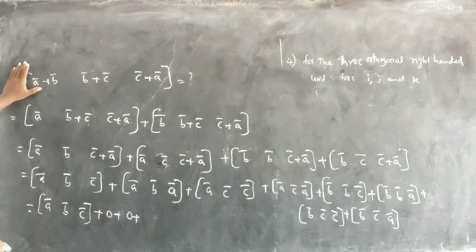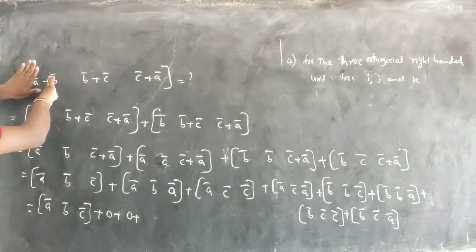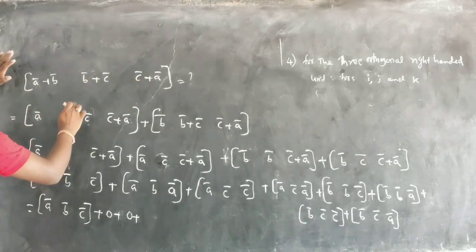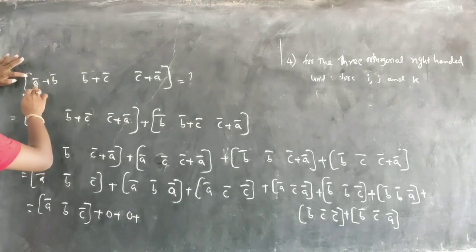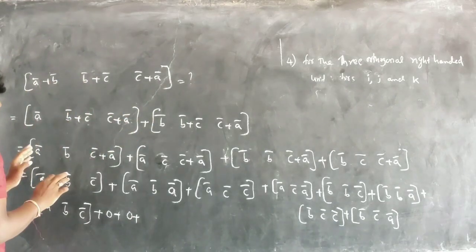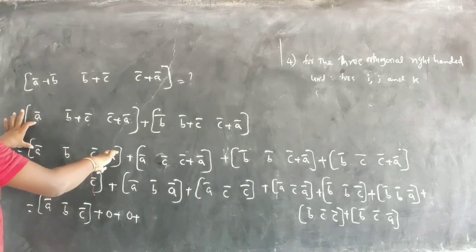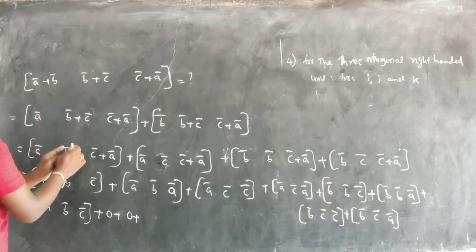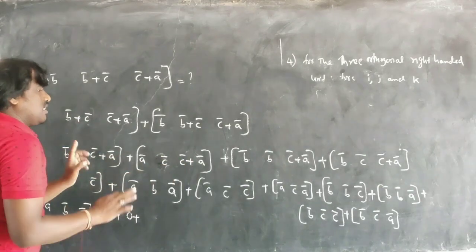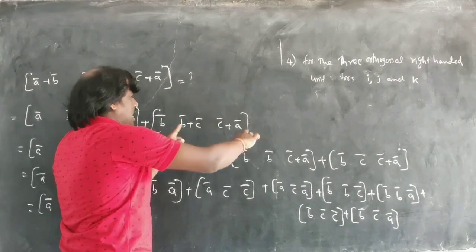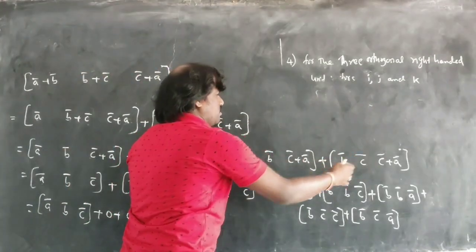What I did here: the first one I broke, meaning I separated this one. The middle ones are the same as they are; only the first one is broken. Then the second part: I kept these two, the last corners, the same, and I just broke the middle one. The same thing here also: I kept the last things the same and the middle one I broke into two parts.